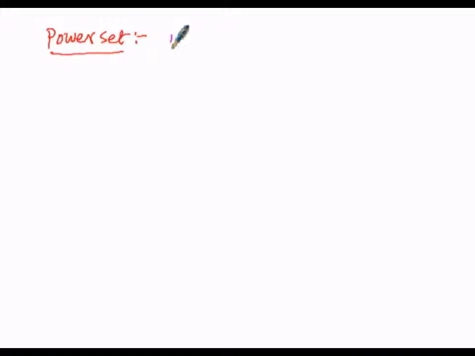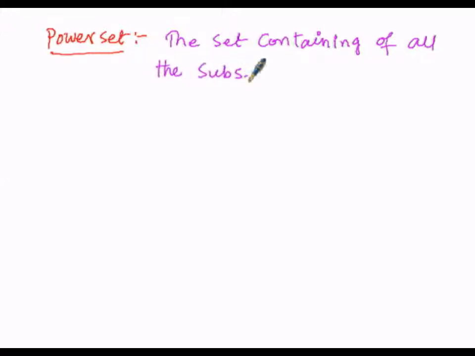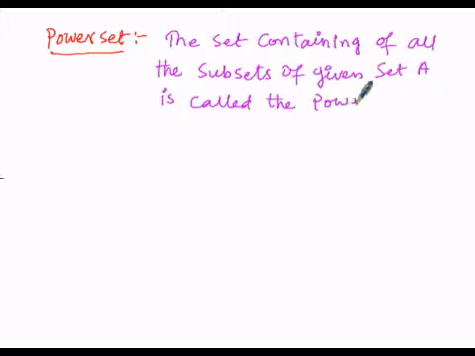So the set containing all the subsets of a given set A is called the power set of that particular A.